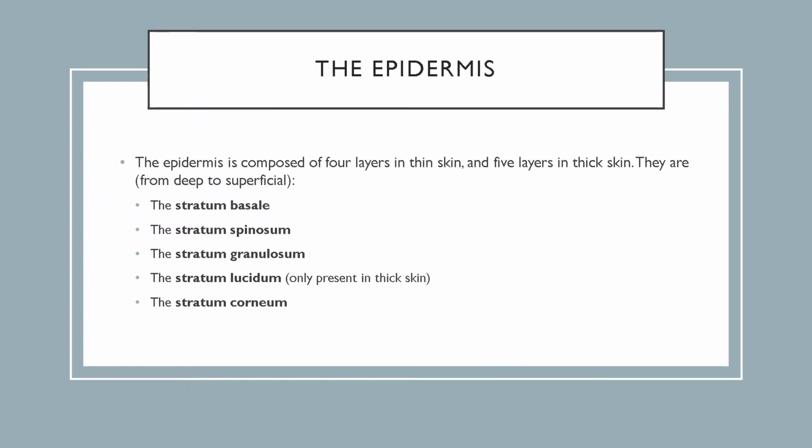So we've gone over what cells make up the epidermis, but now we're going to talk about the different layers of the epidermis. The skin is made up of several distinct layers of keratinocytes in various stages of development. Now, in most regions of the body, the epidermis has 4 strata. Strata is another word for layers.